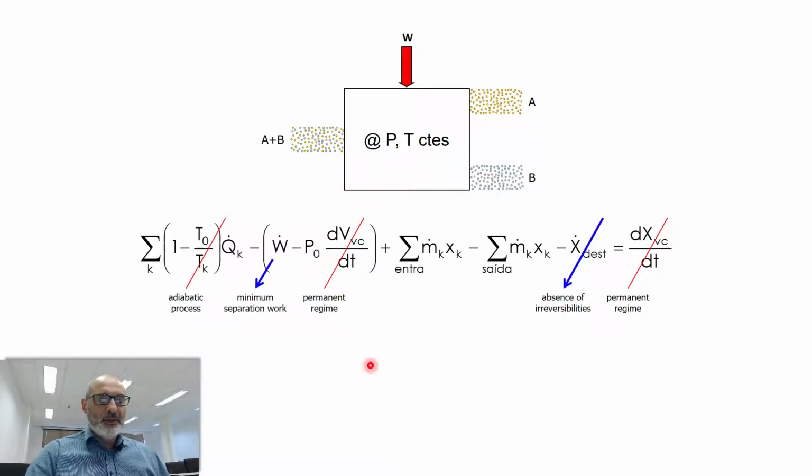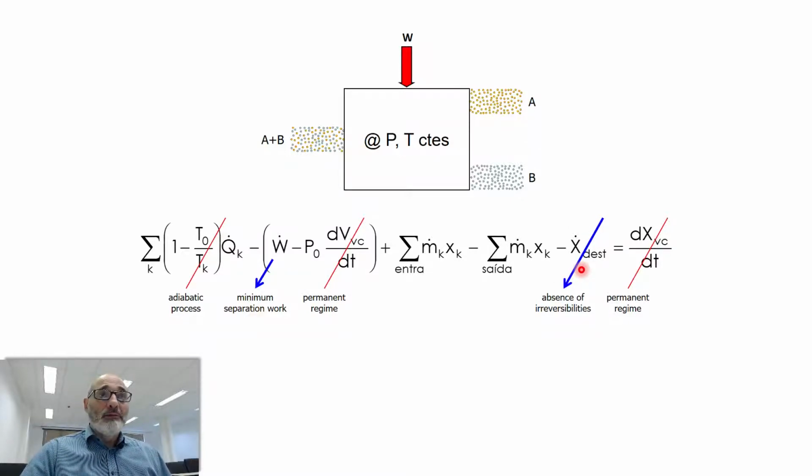Another important consideration is that if I want to calculate the minimum amount of work, I'm going to assume that my process is so nicely designed that there is no destruction of exergy. Okay? Is it possible?